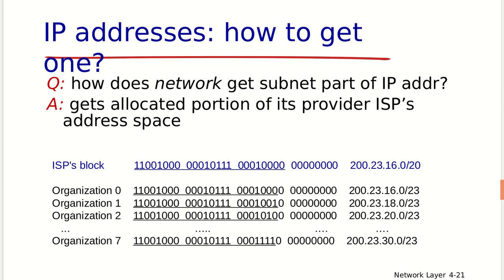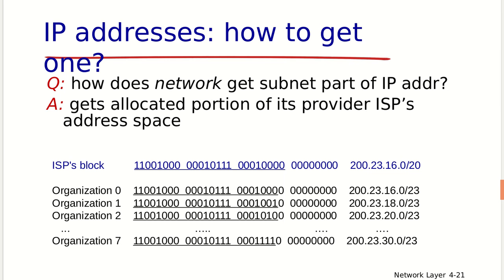Now the internet service provider breaks this down into smaller ranges and assigns each of those ranges to different organizations. So organization 0 is using 200.23.16.0/23. It basically means that instead of 20, it has now reserved an additional 3 bits, which represent the subnetwork.